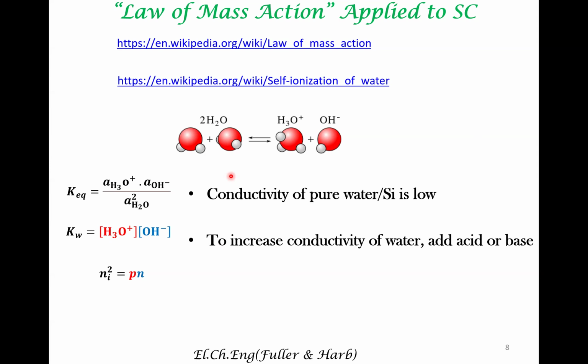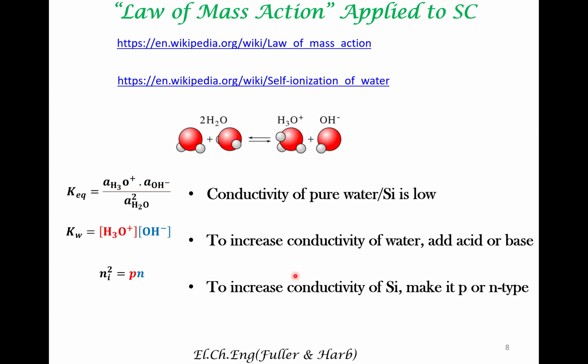Doping water with an acid is similar to doping silicon p-type. Adding a base to water is like doping silicon with a donor atom, making it n-type.